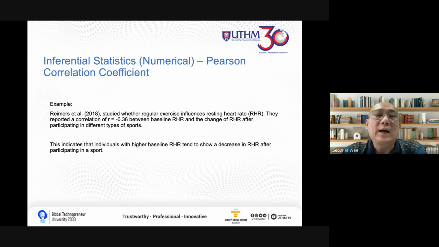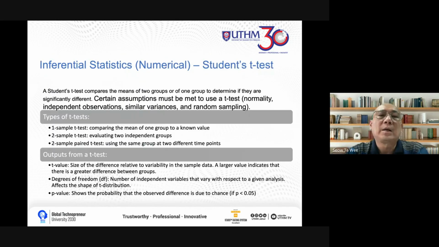So actually, for me, I think quantitative is very simple, very easy. For inferential numerical analysis, students are using the t-test. The t-test compares the means of two groups to determine if they have significant differences, like gender.